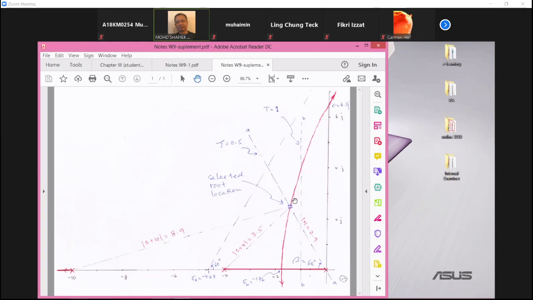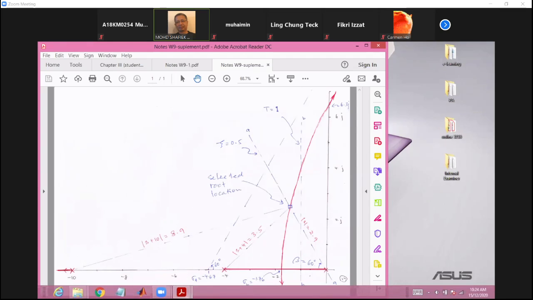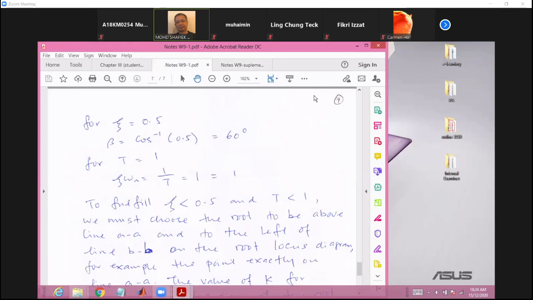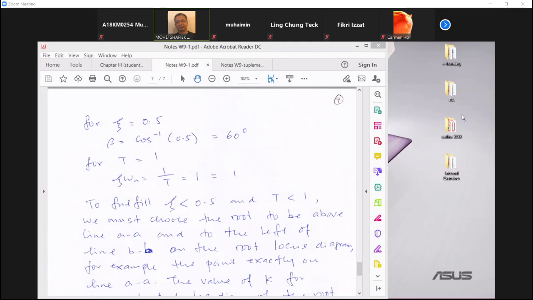But what is the value of K at your selected point? You can compute it using the magnitude criterion. Every point on the locus must satisfy the magnitude criterion. Do you still remember what the magnitude criterion is?